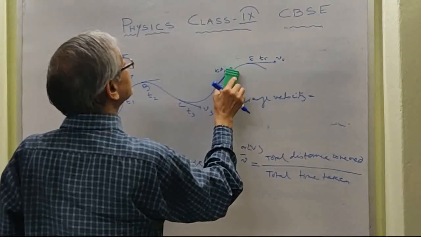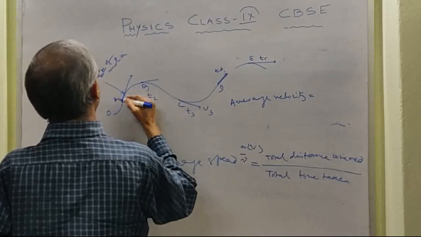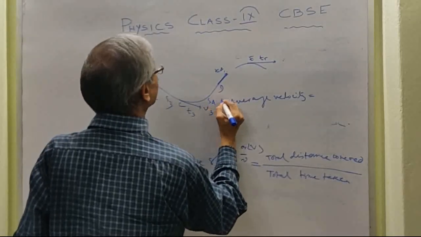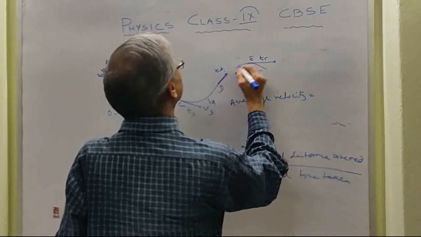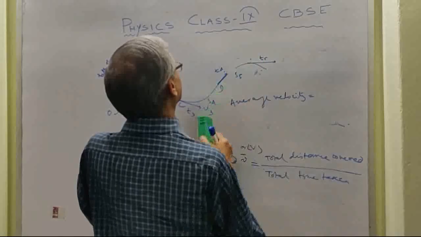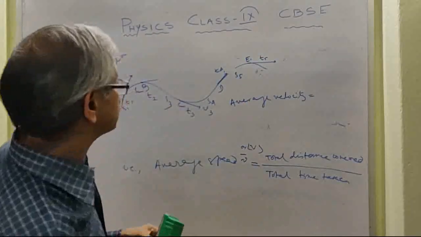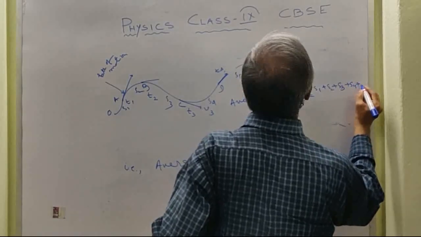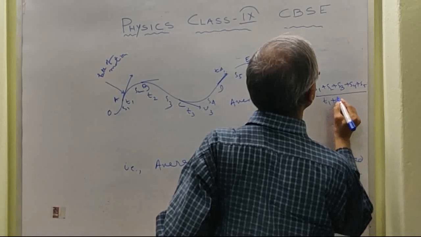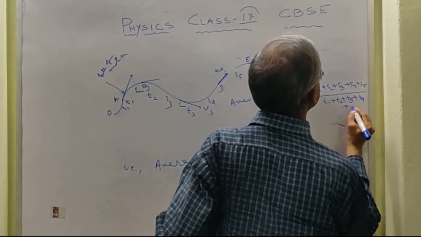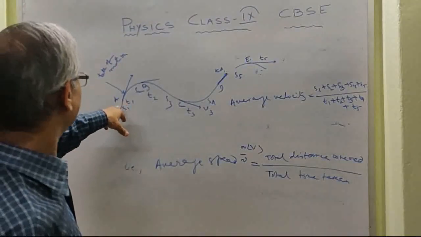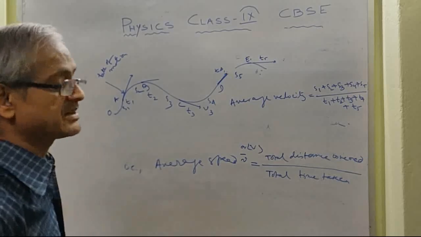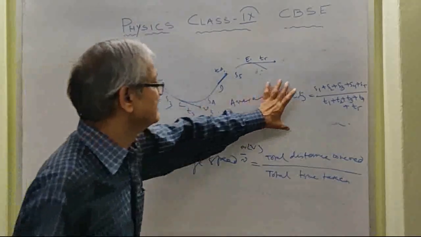The distance covered from O to A in time t1 is s1, from A to B is s2, then s3, s4, and s5 from D to E. So the total distance covered is s1 plus s2 plus s3 plus s4 plus s5, and the total time taken is t1 plus t2 plus t3 plus t4 plus t5, and hence the average velocity will be this ratio.